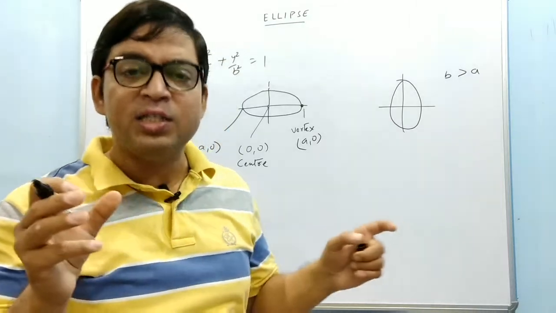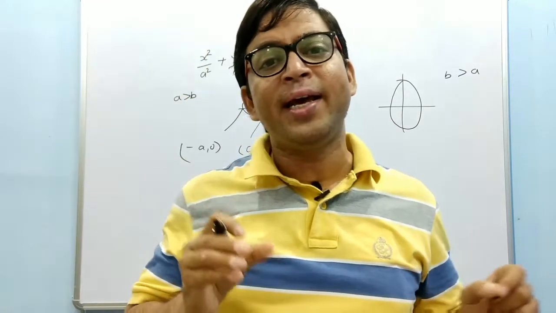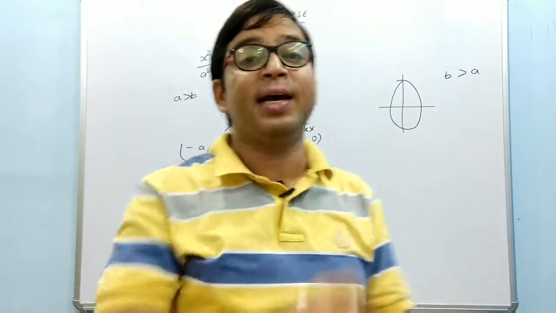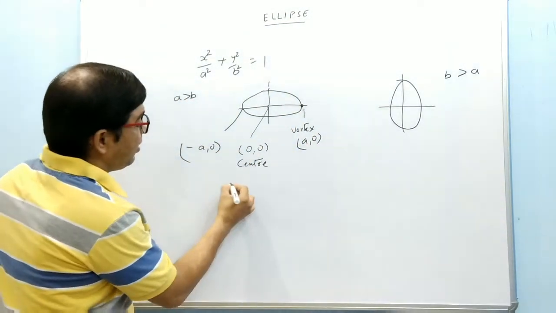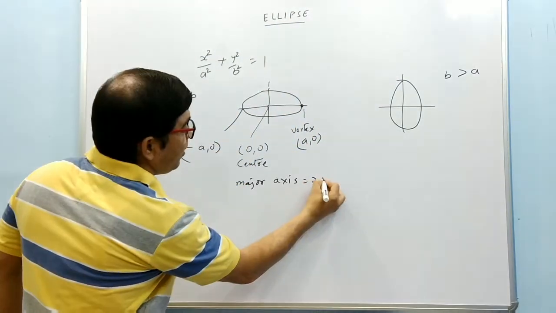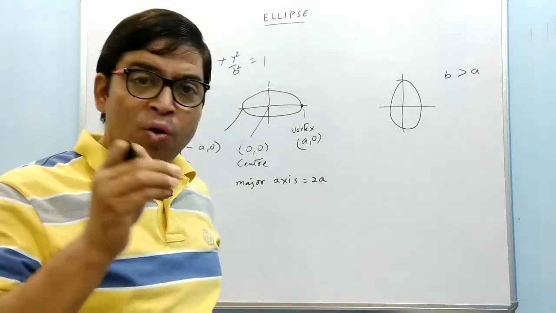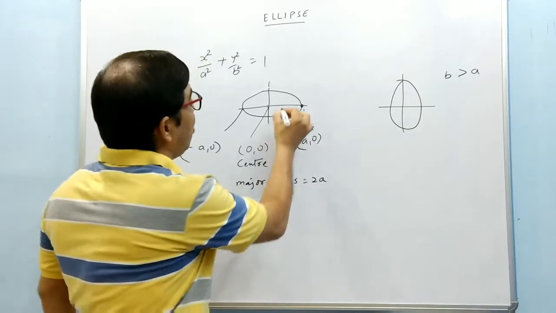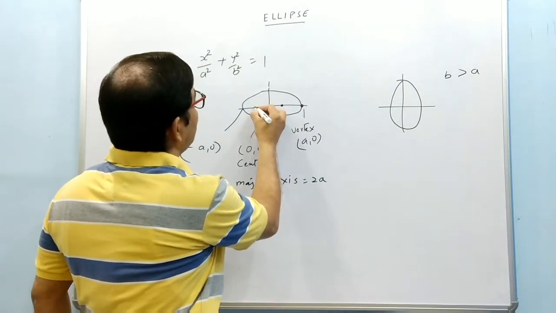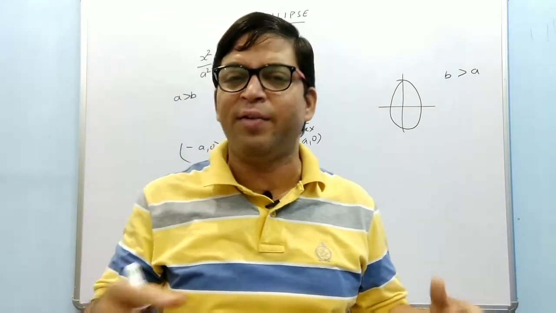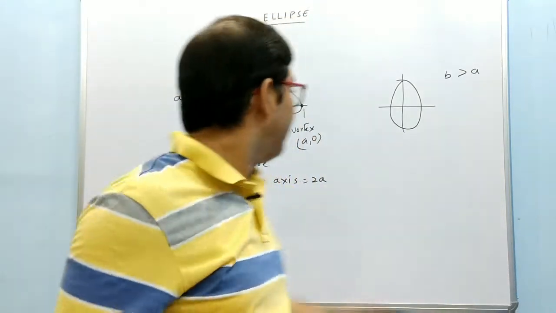The distance between the two vertices is known as the length of the major axis. So you can say the major axis is 2a, because the distance is 2a. The important thing is focus now, because there are 2 foci, 2 directrices, 2 vertices in the case of the ellipse, and we'll see it in the hyperbola as well.